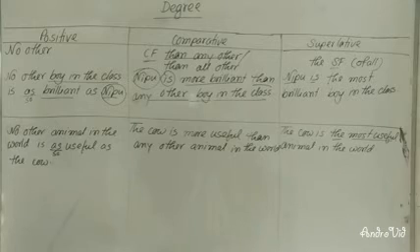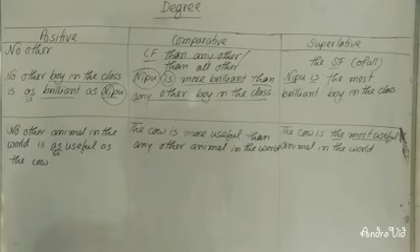Same as this: no other animal in the world is as useful as the cow. Here you can write the cow at the beginning of the sentence, then the verb, then you go to the rules. CF means comparative form, so you have to write more useful, then you can write "any other" or "all other". If you write "any other", then you will write the singular form of the noun.